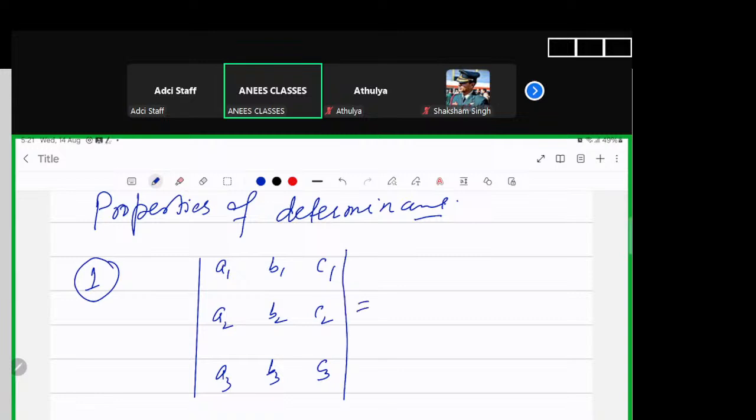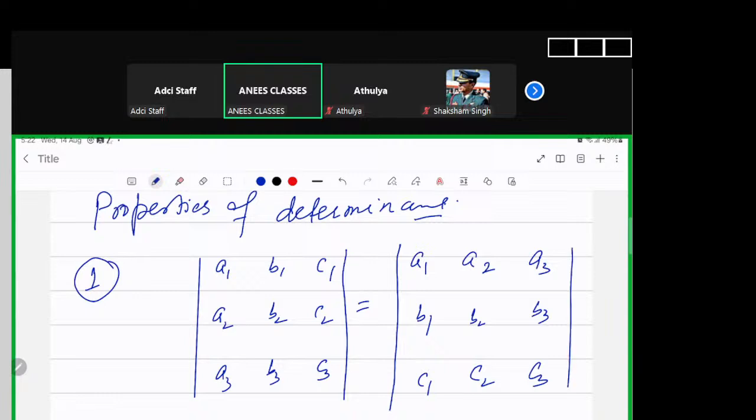The first property is if we interchange row and column, that is row goes to column, column goes to row, then the value of the determinant remains same. So how will you get it? First row I will write as first column A1, B1, C1. Second row as second column A2, B2, C2. Third row as third column A3, B3, C3. Now you can observe that row goes to column, column goes to row. Understood?